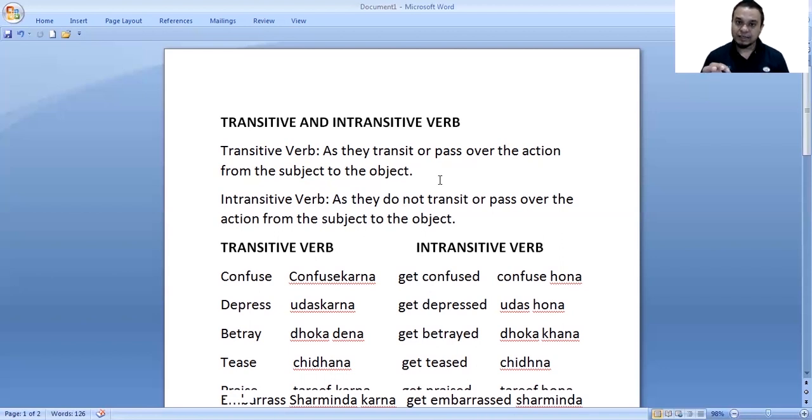Now let's try to understand what is intransitive verb. So intransitive verb, as they do not transit or pass over the action from the subject to the object. When the verb is intransitive, it doesn't need an object because the action ends to the subject, right?